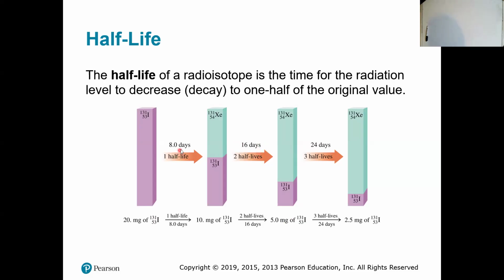It was 8, and now we have 8 more, which is 16. And what shouldn't be surprising is that after another 8 days, when we're up to 24 days total, our 5 milligrams is going to turn into 2.5 milligrams. At every half-life that passes, what we're left with is going to decrease by 50% again.